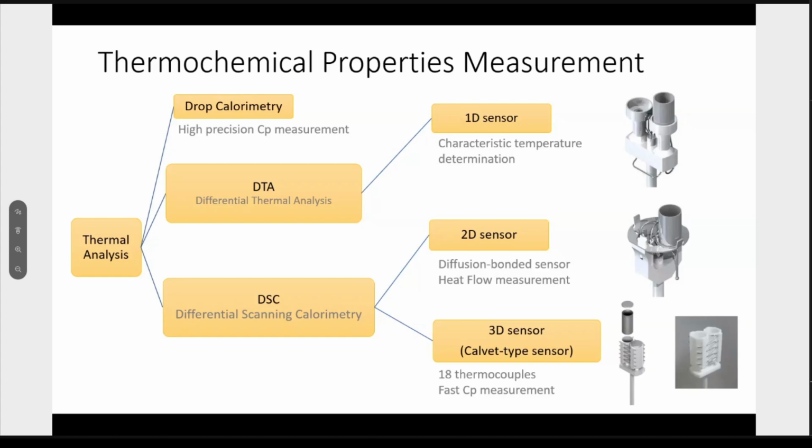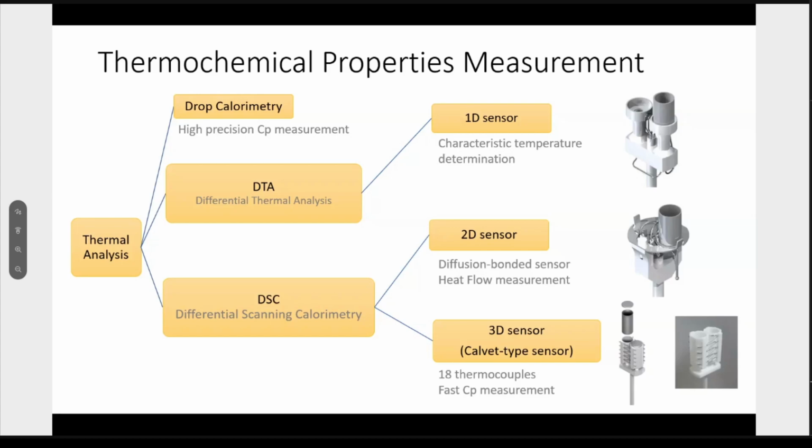And the other technique is DTA, differential thermal analysis, which uses 1D sensors specially designed for characteristic temperature determination, like melting point temperature measurement. And for DSC, differential scanning calorimetry, this is to measure the heat flow of the samples. We have two different types of sensors.